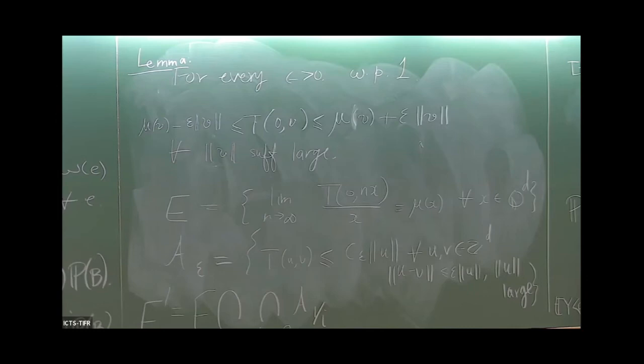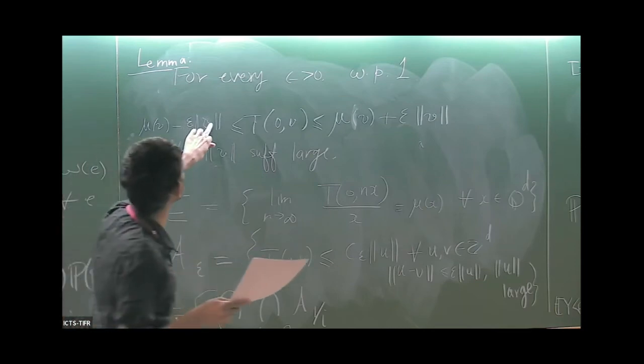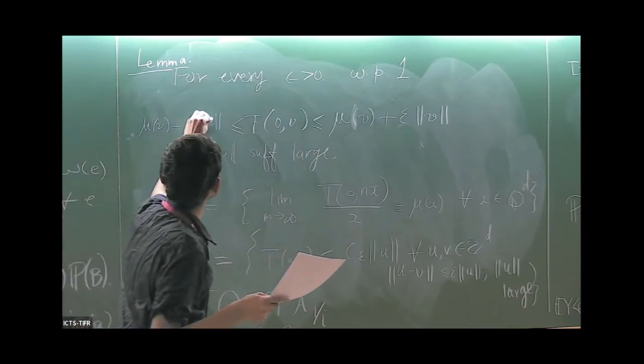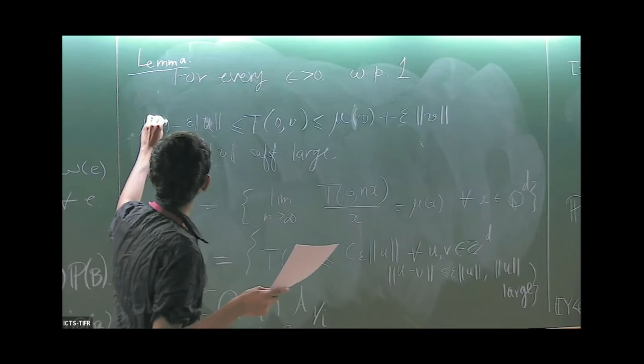What we're going to show is that on this set E prime, the conclusion of the lemma holds. So on this set E prime, probably I should just switch it because I'm taking u here. So maybe just make it u.